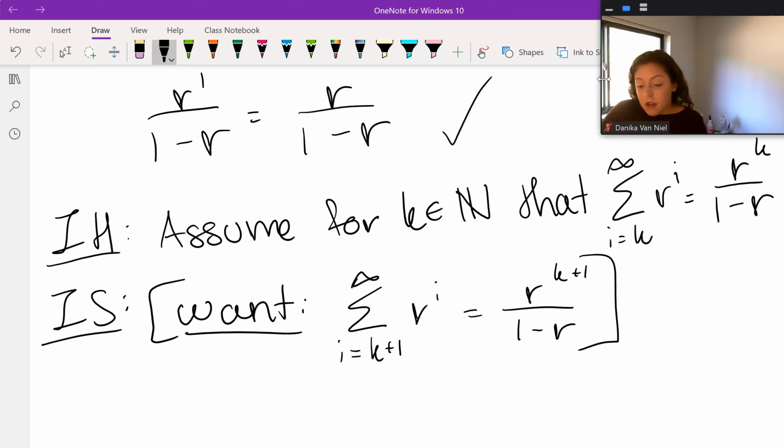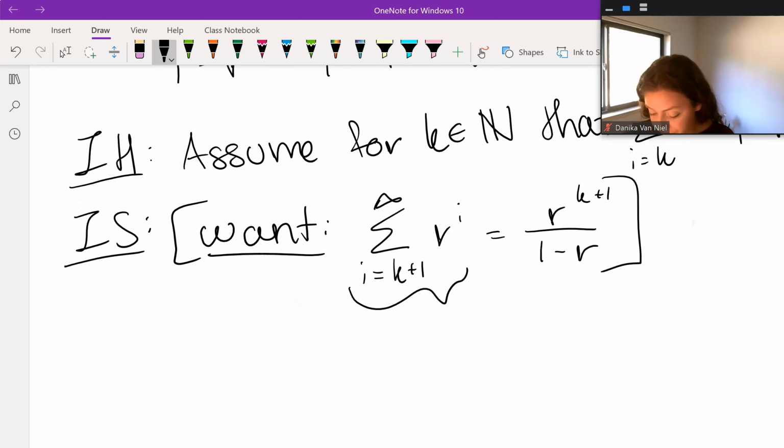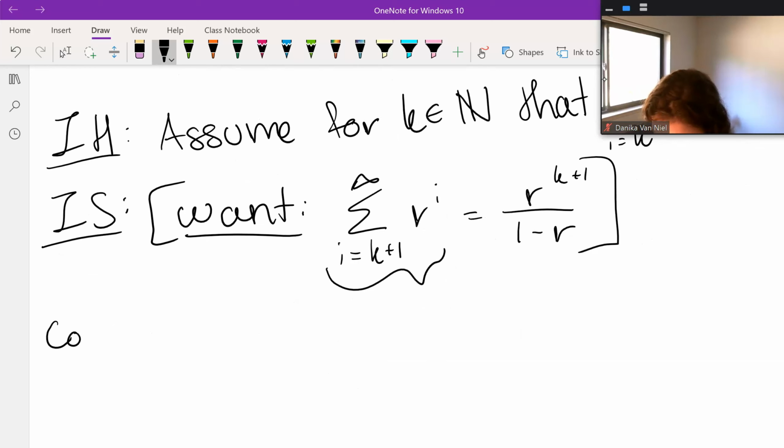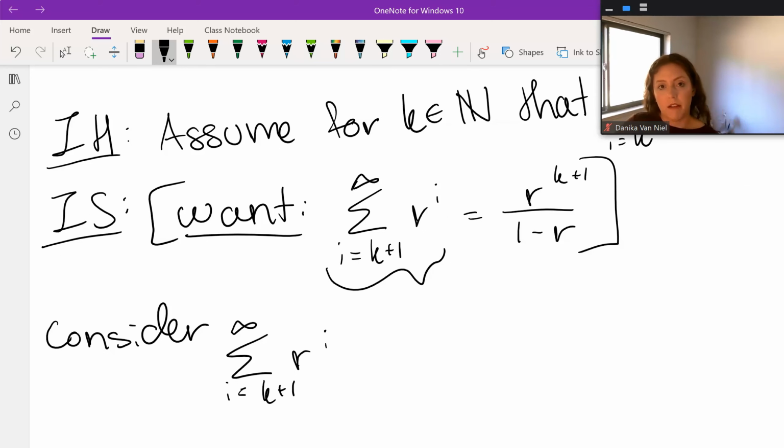So for me, I prefer summation instead of multiplications. So I'm going to start with this side. And I'm going to say consider, okay, so I'm just considering the left-hand side. And then hopefully I say a bunch of true things, one of which involving my assumption from the inductive hypothesis. And then I get the right-hand side of what it is that I want.